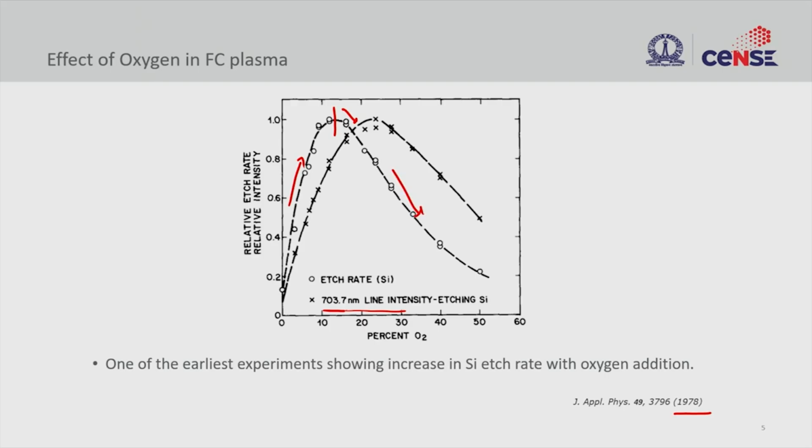The reason for this is you create oxygen radicals which could form an oxide surface on silicon, which will prevent the chemical reaction, and you are also diluting your CF4 too much.